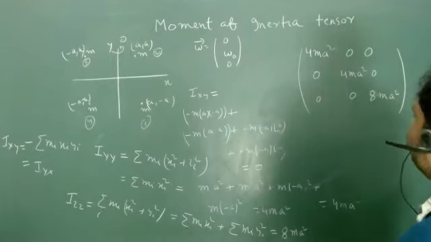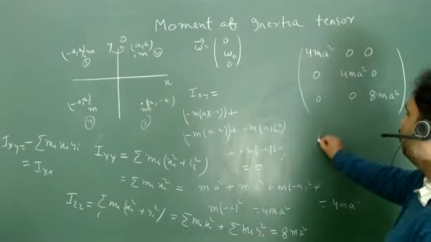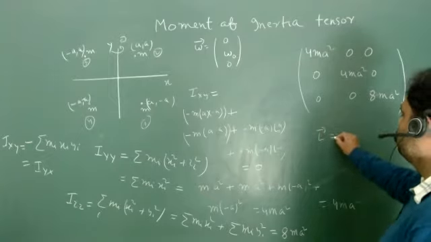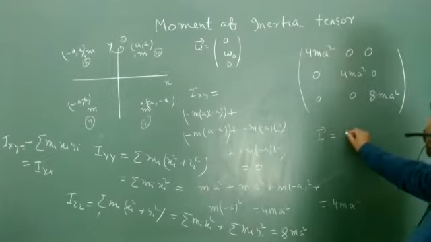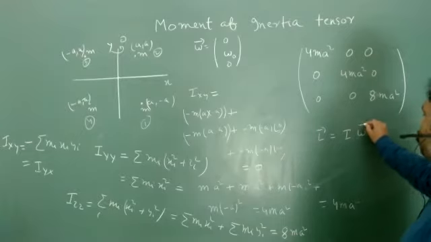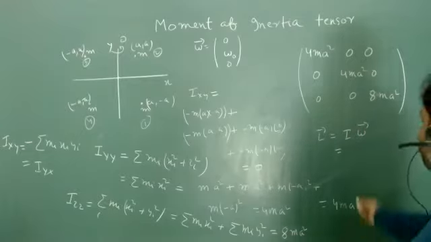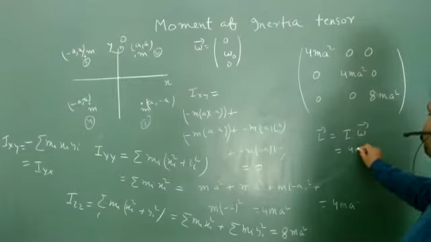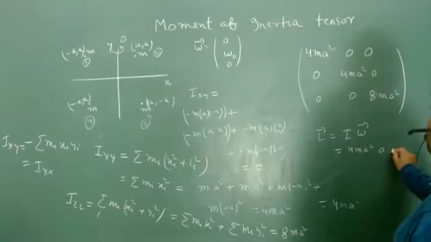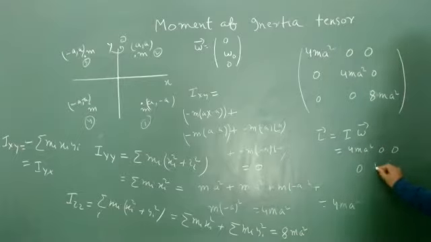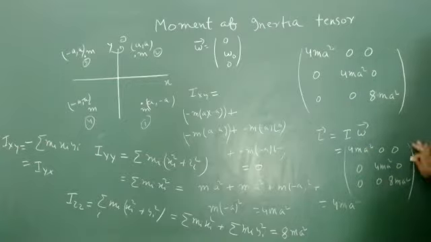Now, let us try to calculate the angular momentum L. What is angular momentum? I into omega. So what is your I? I is equal to 4 ma square, 0, 0; 0, 4 ma square, 0; 0, 0, 8 ma square, and you have this omega as 0, omega naught, 0.